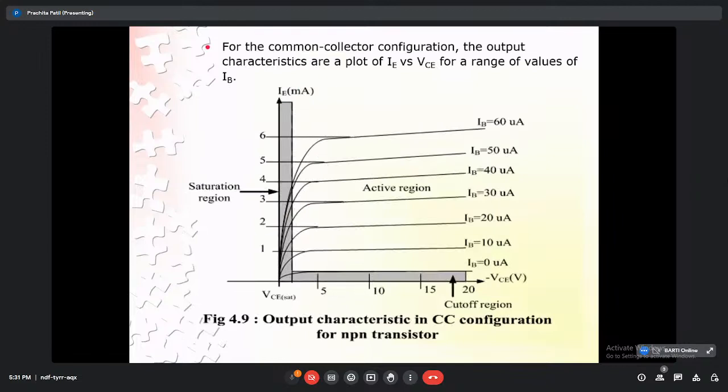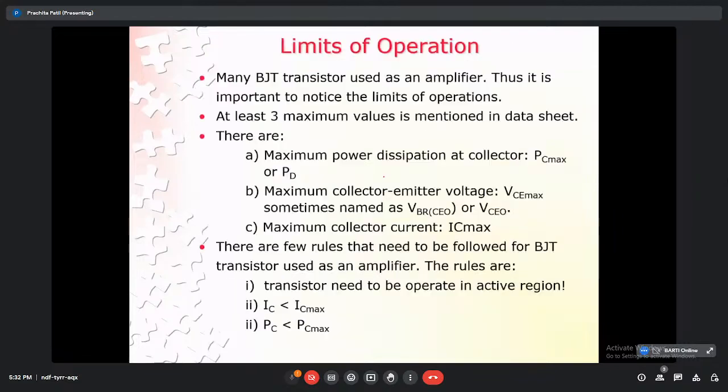For the common collector configuration, the output characteristics are a plot of IE versus VEC for a range of values of IB. Again, similar kinds of characteristics we can have for the common collector configuration also.